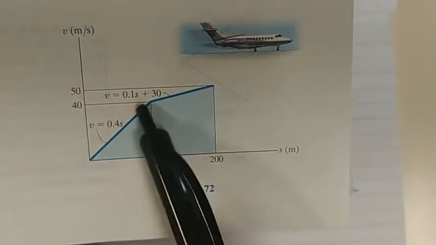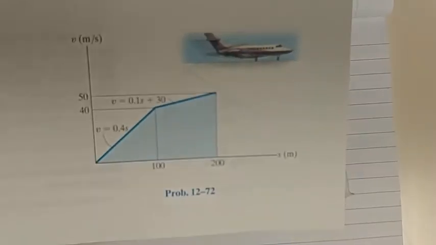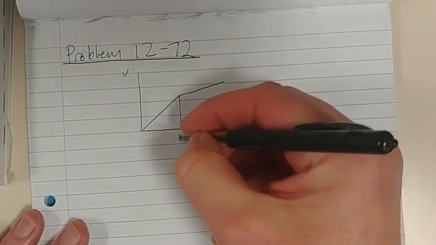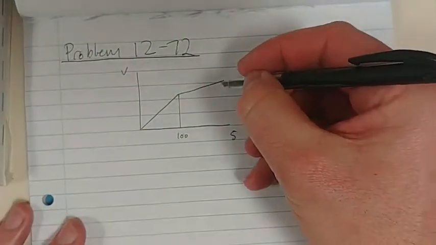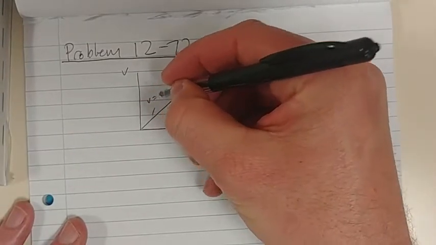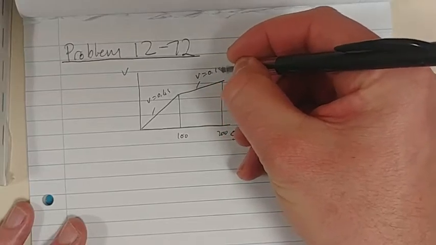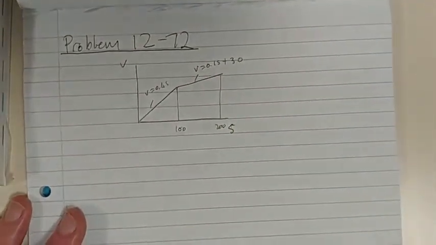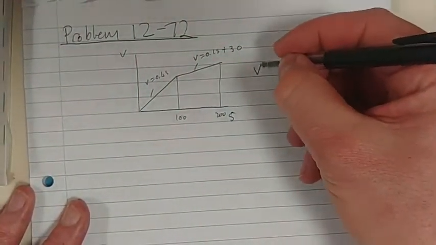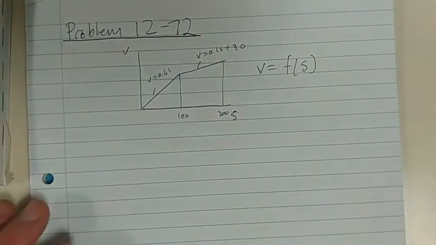Both these linear functions, V is 0.4s, and V equals 0.1s plus 30. Okay, so guys, V is a function of position now, not time.